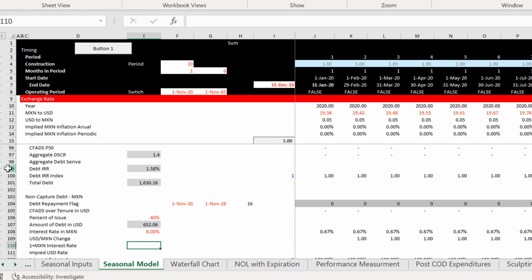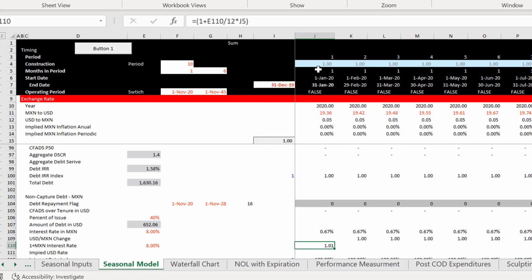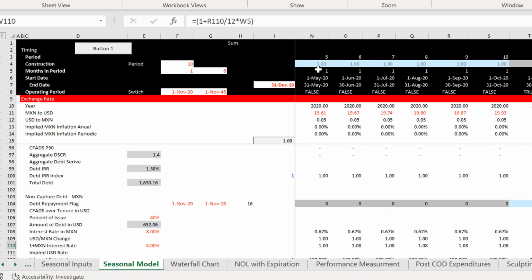Okay, and then let's get our rate again. This is such bad form. I guess if you do that, you should put F4 and just copy it. So let's just get our 1 plus the Mexican rate. This one. And then, I better divide it by 12 and multiply it by the periods in the year, as usual. That's what I always do, to get our factor.